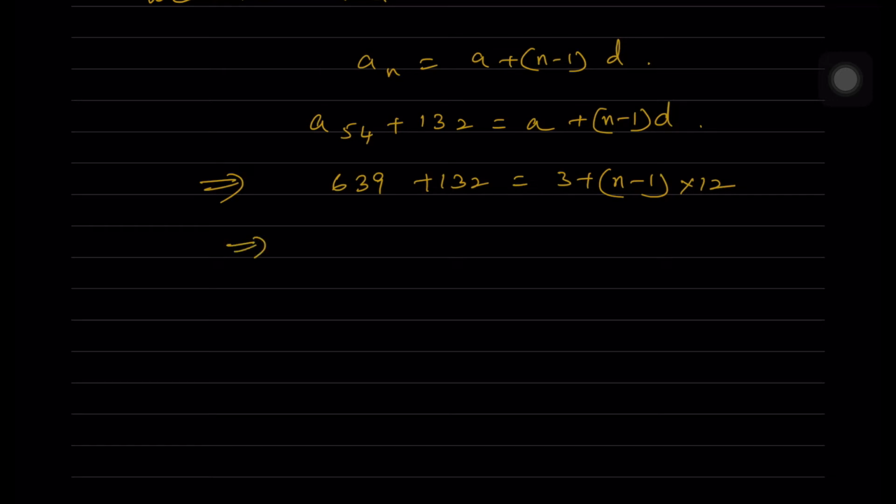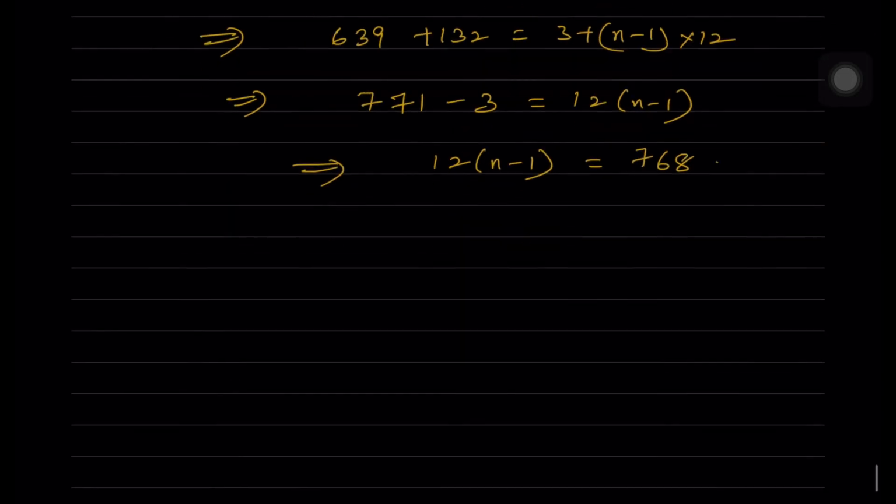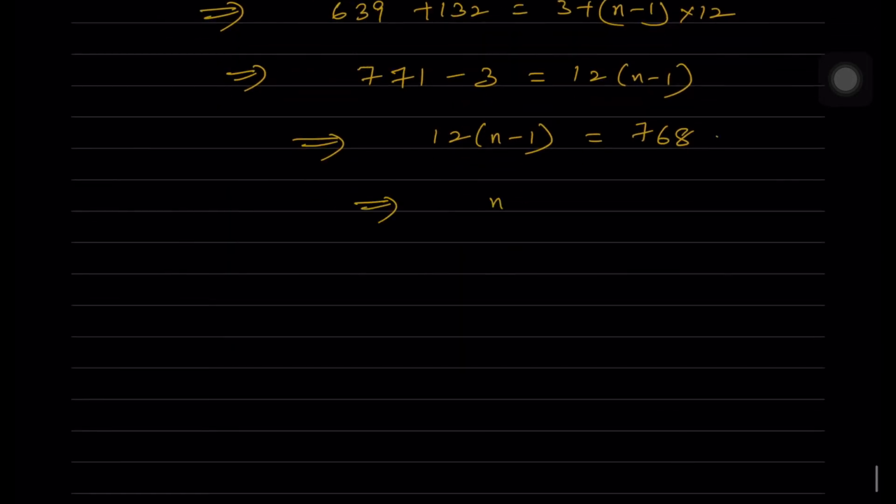So which implies that 771 minus 3, which I brought to this side, is equal to 12 into n minus 1, which implies that 12 into n minus 1 is equal to 768, which implies that n minus 1 is equal to 768 by 12, which is equal to 64.